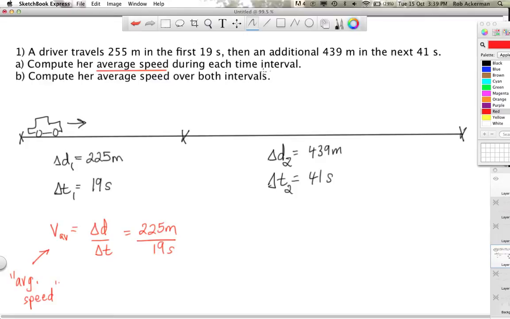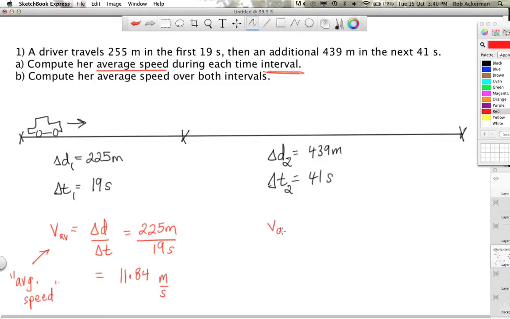For the first time interval, the first one over here, if I run that through my calculator, it's going to be 225 divided by 19, and I get 11.84 and a whole bunch of other digits meters per second. Now I can do the same thing over here.